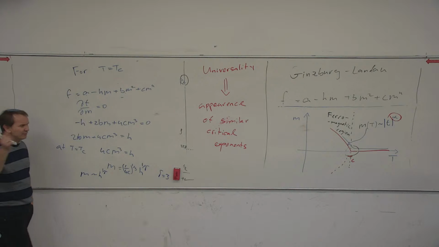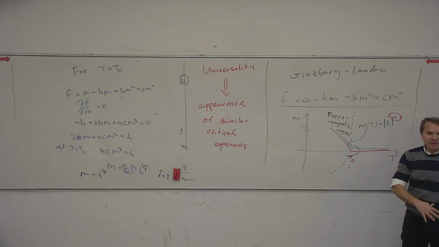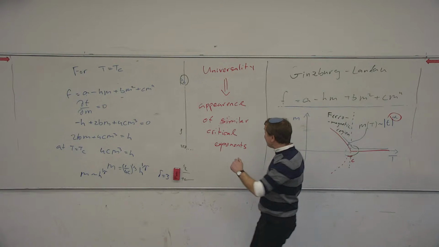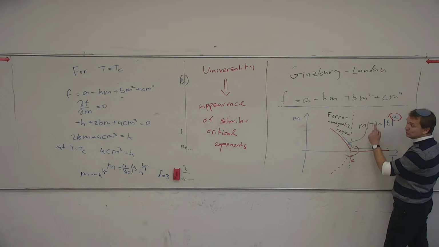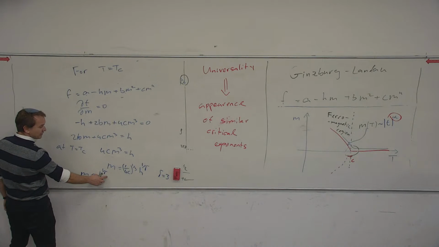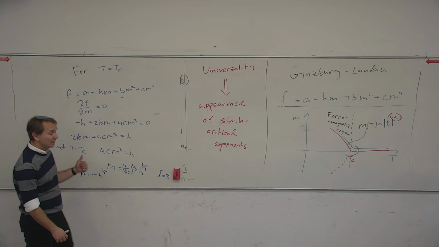Different systems can have different critical temperatures, different shapes, and many other different values. But in the vicinity of this critical point, as a function of the external field, they all behave exactly in the same fashion. Again, delta is this additional critical exponent that we observe. So we already had alpha, and now we have delta.